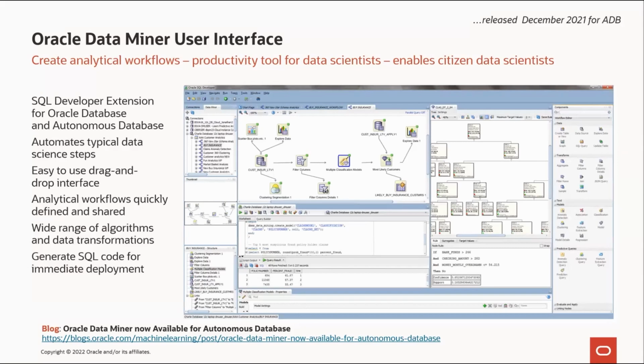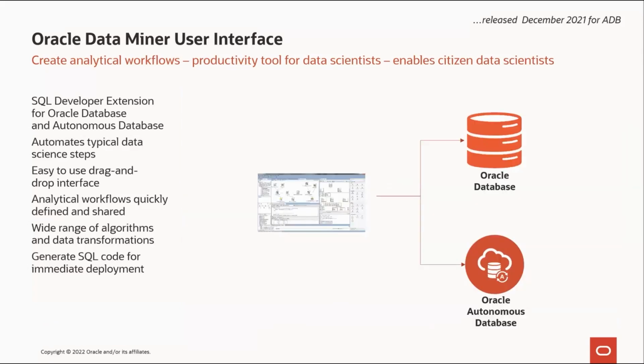You can also score data and evaluate models. Users can also schedule workflows to run on a set schedule, which supports periodically refreshing models or generating batch scores. Oracle Data Miner has always been compatible with Oracle Database on-premises and Database Cloud Service, and now is available for autonomous database users as well, as we demonstrated in this last example.